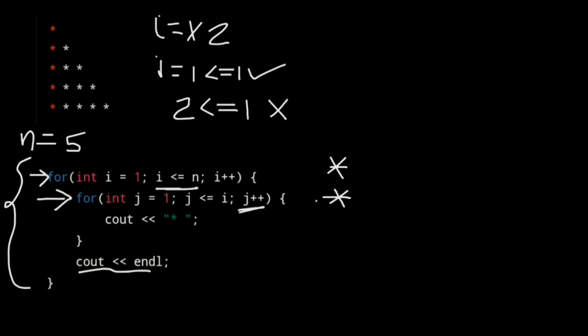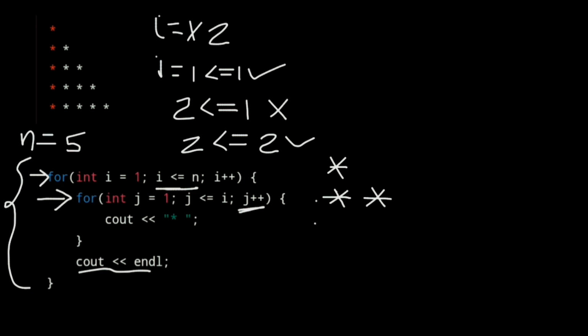After this j becomes 2, and 2 less than or equal to 2 is true, so we have one more star in the second row. Here there are 2 stars, and after this j becomes 3, and 3 less than or equal to 2 is false, so it comes out of the loop, and we have cout endl and the next line.